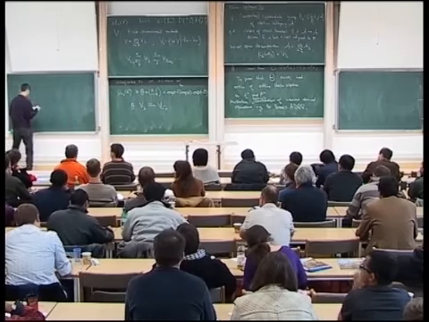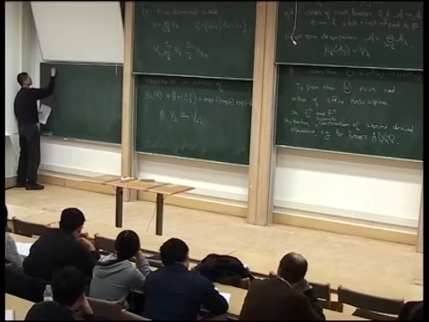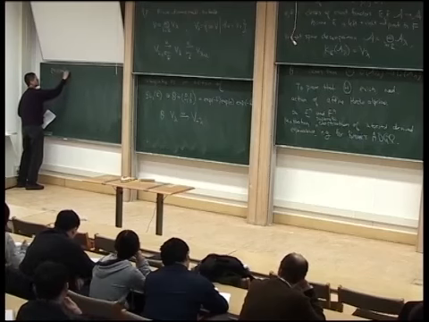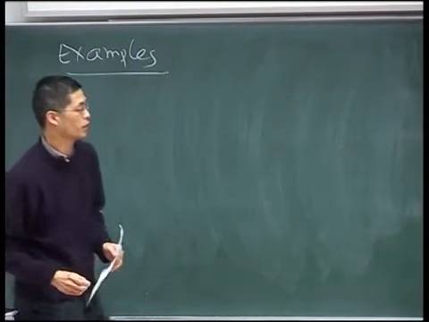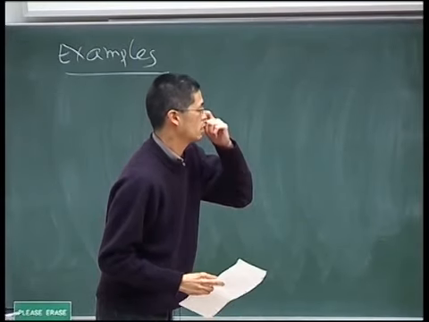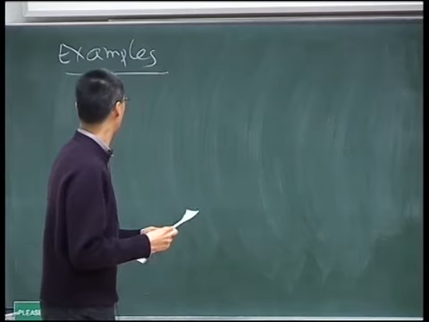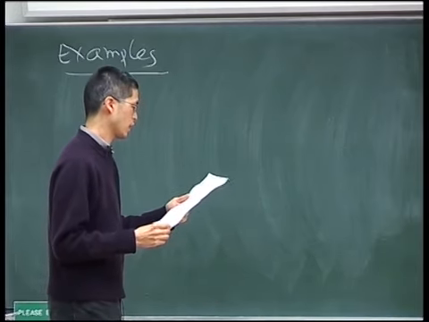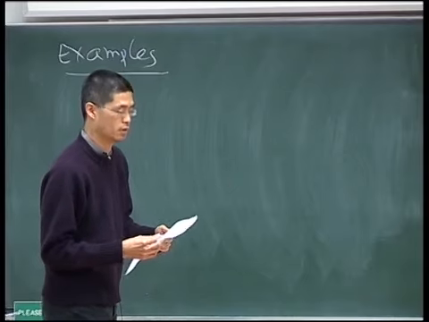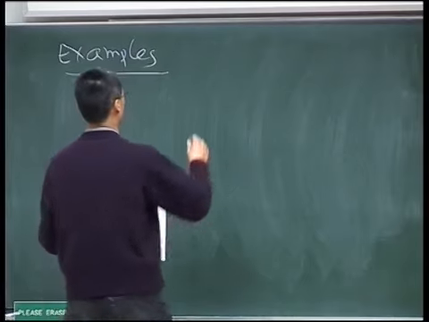Okay, so I'm going to construct examples where the abelian categories are usually categories of modules over algebras over a field. So let's just fix a field.